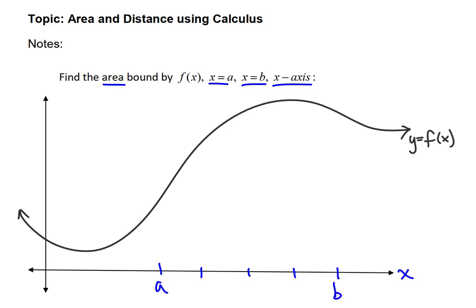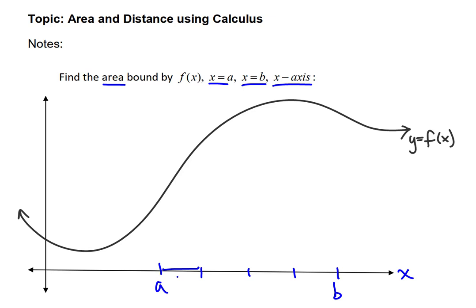And what if for one of those intervals, so let's start way at the left side where A is, right? X equals A was that left vertical boundary. What if we made a rectangle such that the base of the rectangle was from A to the first tick mark we've drawn in this first interval here? Now we have 1, 2, 3, 4 different intervals based on those little divisions I put on the axis here, right?